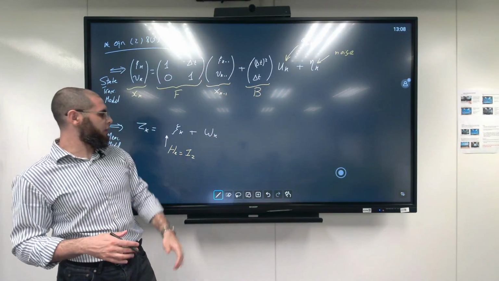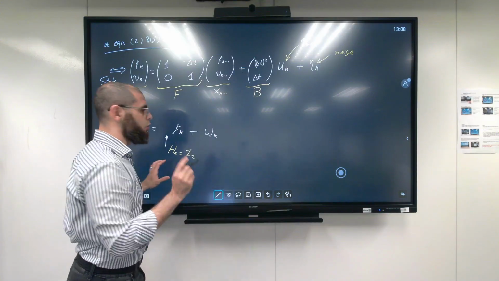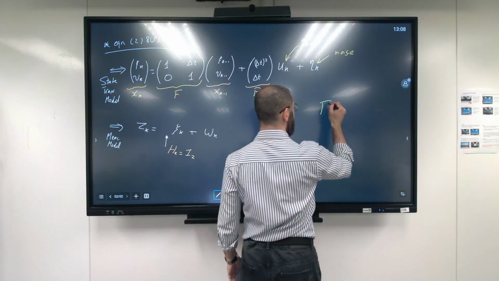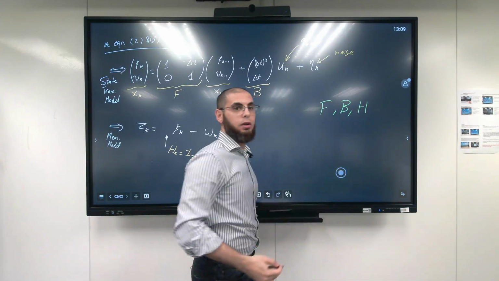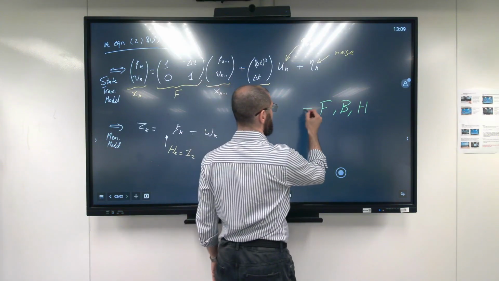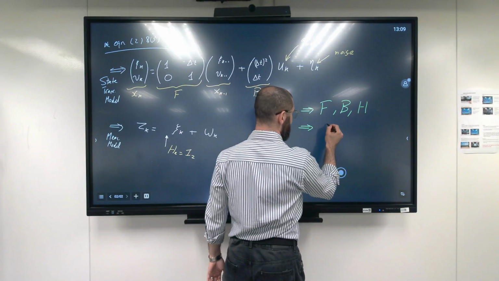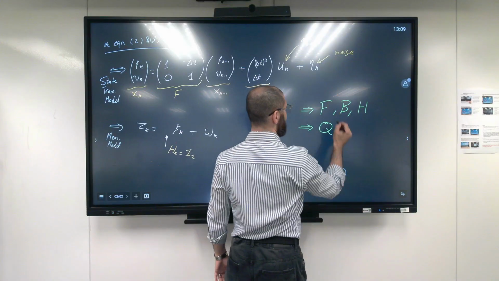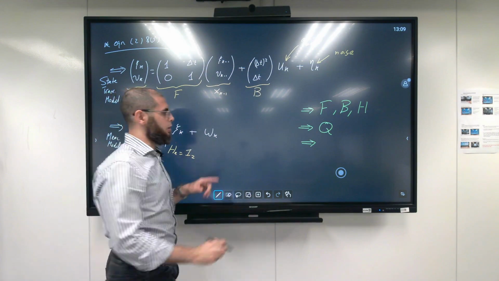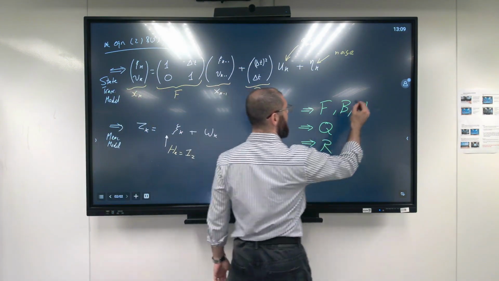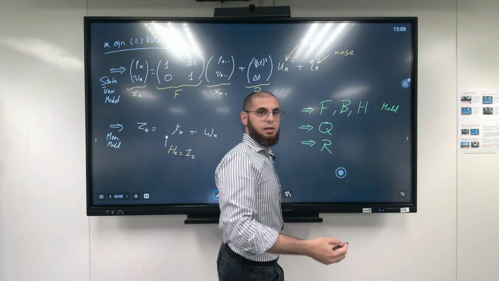And the whole idea of when you do this modeling is that you need to identify 3 things. You need to know what is the F, what is the B, what is the H. So this is of your model. And in addition, you need to know what is the covariance of the noise eta and what is the covariance of the noise w, the R. So these are the equations, the model that you have for your system.